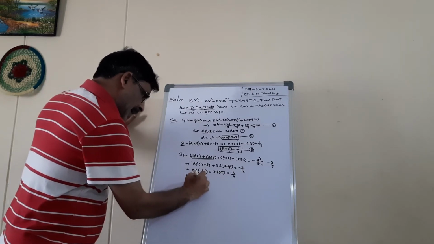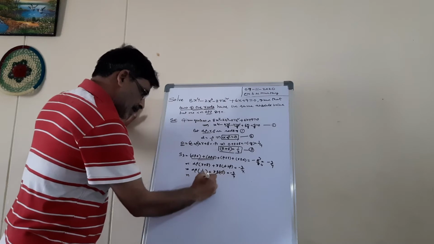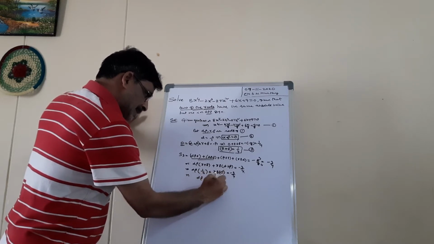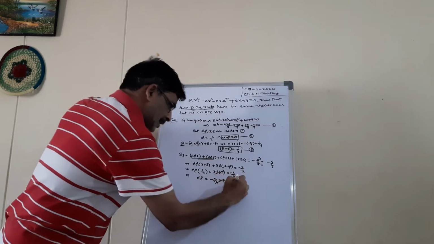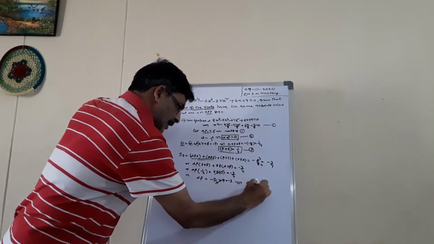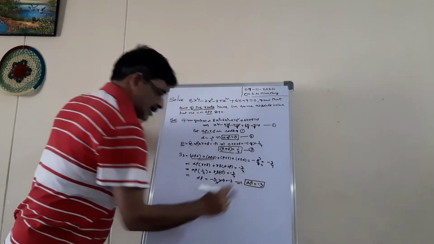This term is 0, so alpha beta equal to minus 3 by 4 into 4, equal to minus 3, which implies alpha beta equal to minus 3.